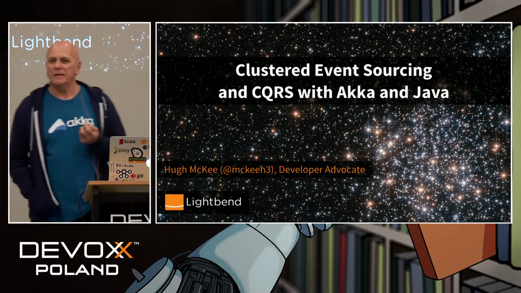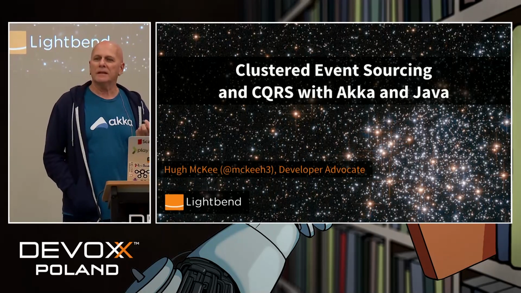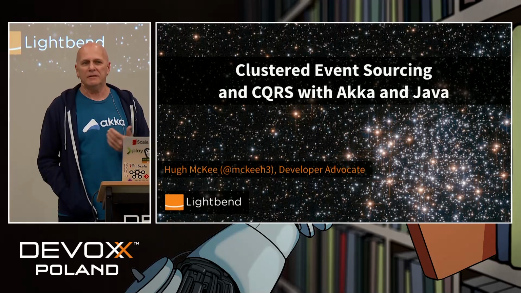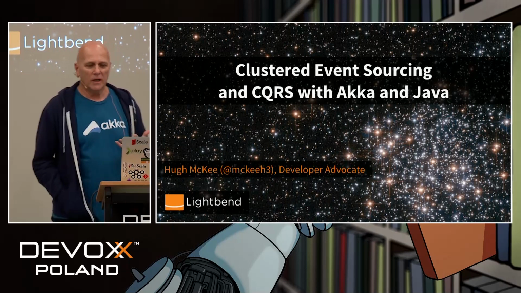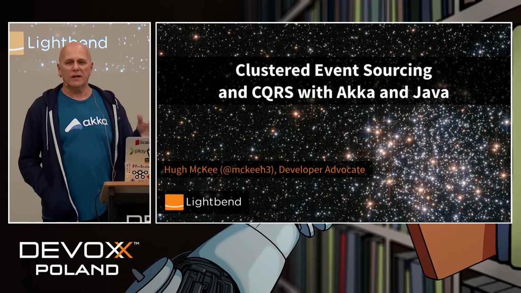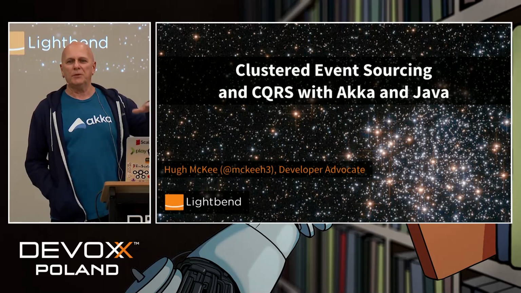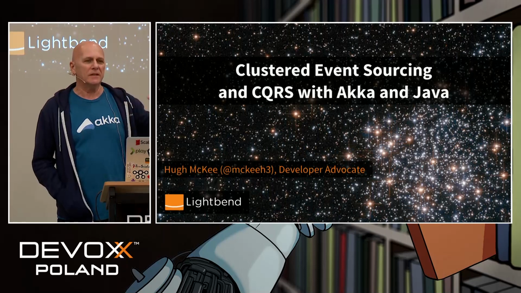And the topic in this talk is clustered event sourcing with CQRS implemented with some example code in Akka and Java. At the end of the talk, I'm going to give you a bunch of links to 6 different projects that progressively build up, if you're new to Akka, some interesting things about Akka.